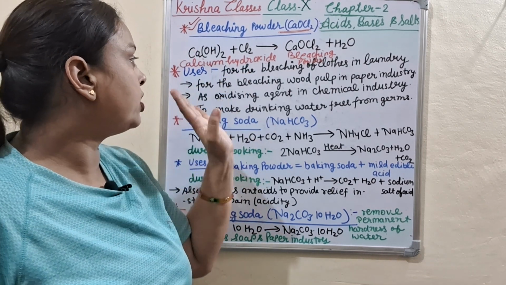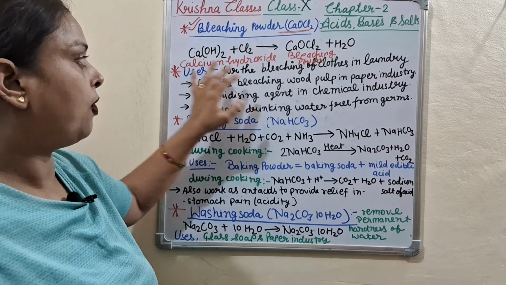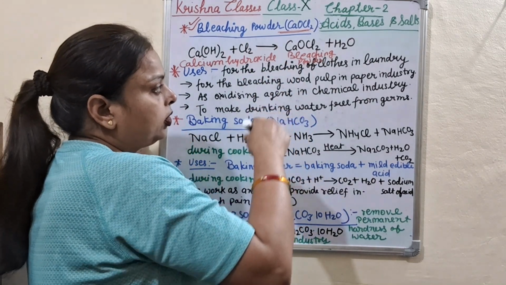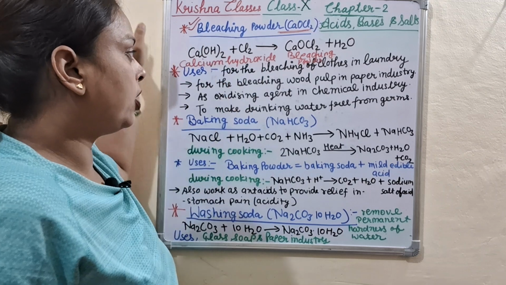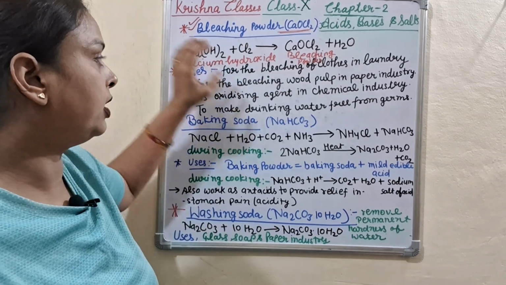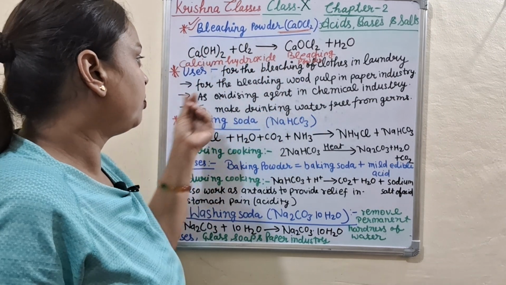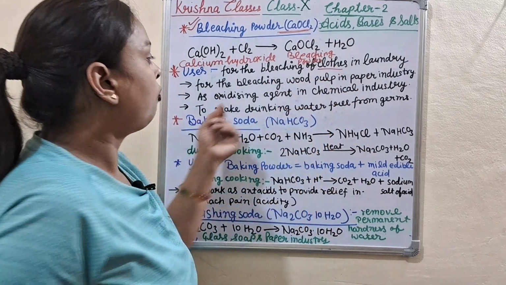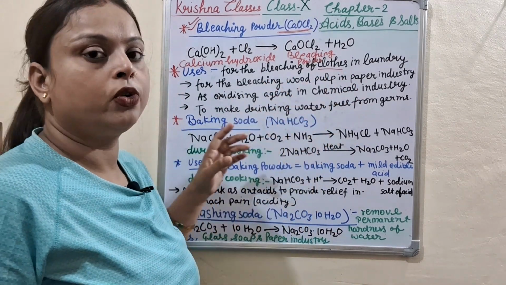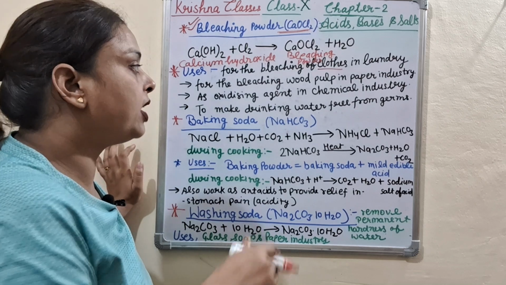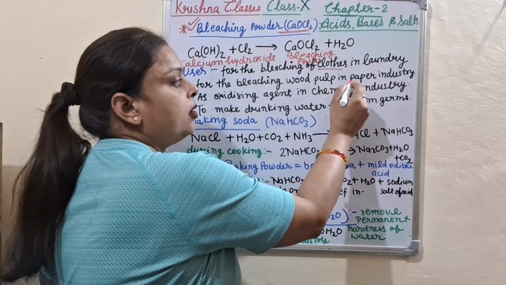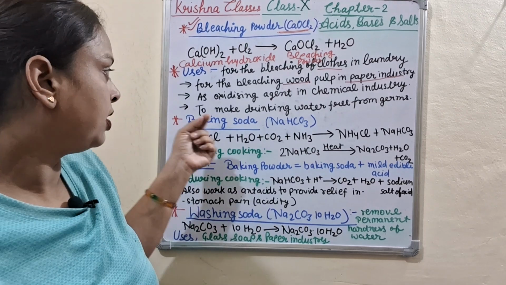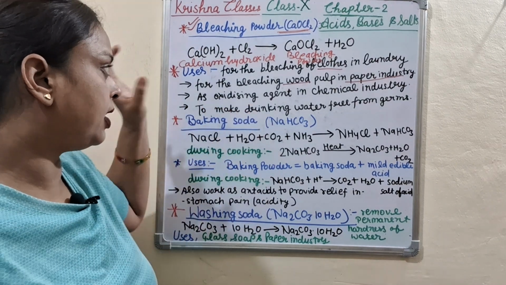Now what are the uses of bleaching powder? For the bleaching of clothes. You know very well, we bleach our clothes in laundry or at home with the help of bleaching powder. Next is for bleaching wood pulp. Wood pulp is also bleached by the bleaching powder in paper industries. Next is as an oxidizing agent.